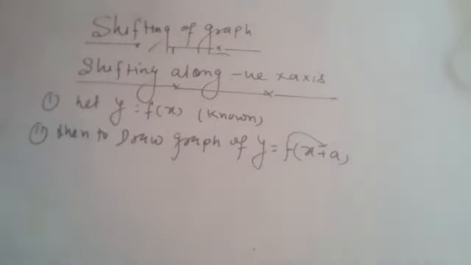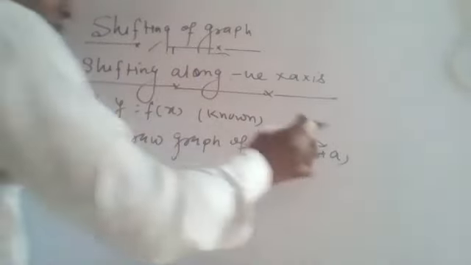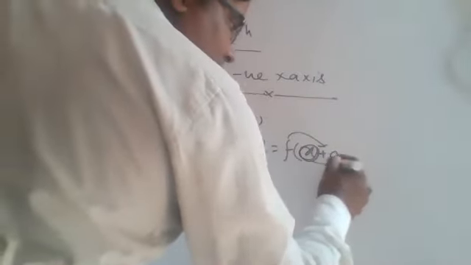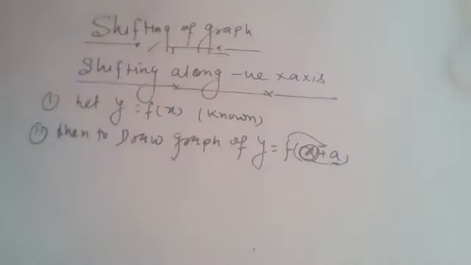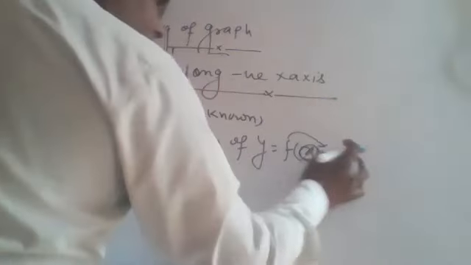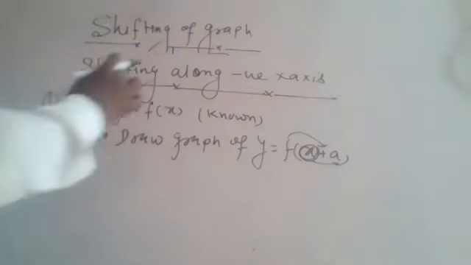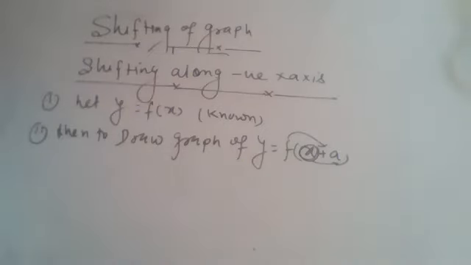Now the constant is just added into the variable. What is going to happen? Constant is added into the variable. Variable is x, and this constant is going to be added into the variable. So when the constant is added into the variable, then in this condition, shifting along negative x-axis is going to happen.